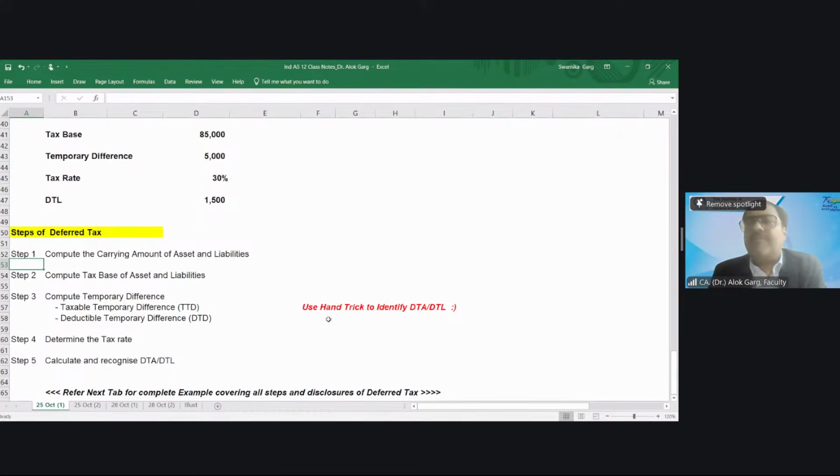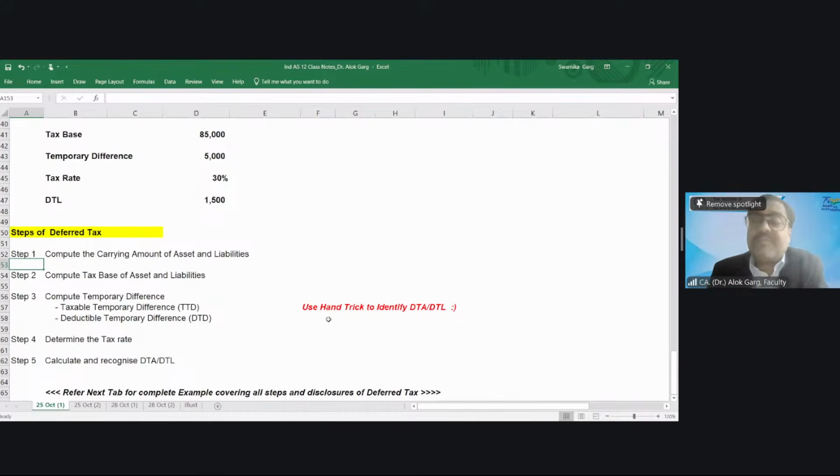The question says that the company has purchased a building which is held for rental purposes. The company is earning rental from that building, and it purchased the building for 20 crore rupees.